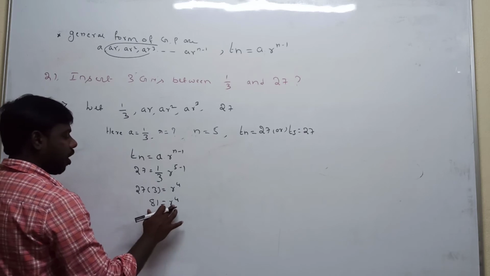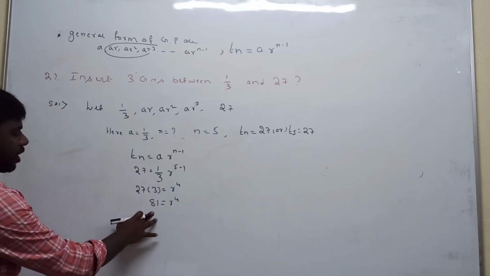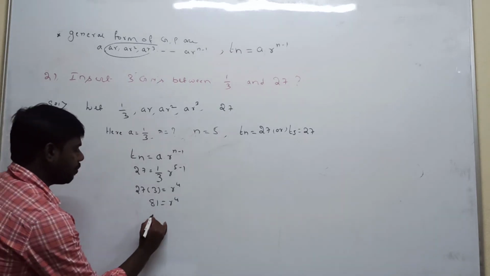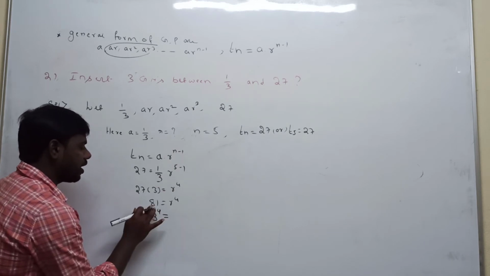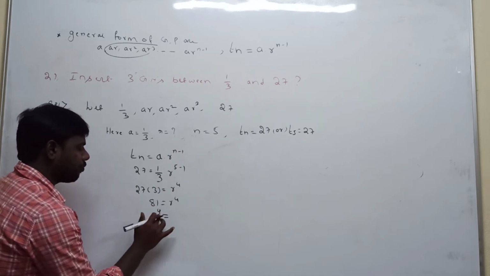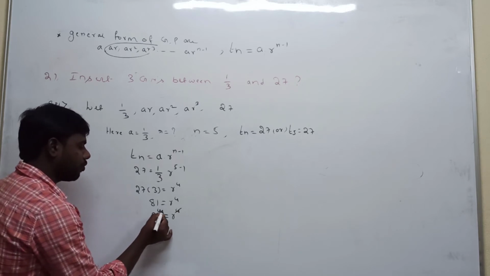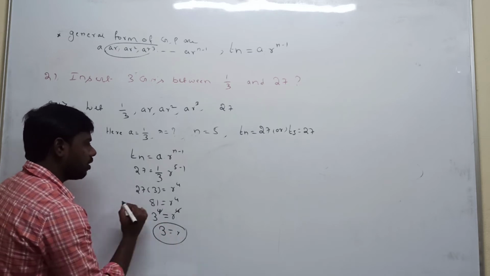Now on the right hand side r to the power of 4 is there. Which element, multiplied 4 times, gives 81? 3 power of 4, whose value is 81. That's why 81 can be written as 3 power of 4, equal to r to the power of 4. Both sides power of 4 get cancelled. So 3 is equal to r. Finally we get the r value is 3.